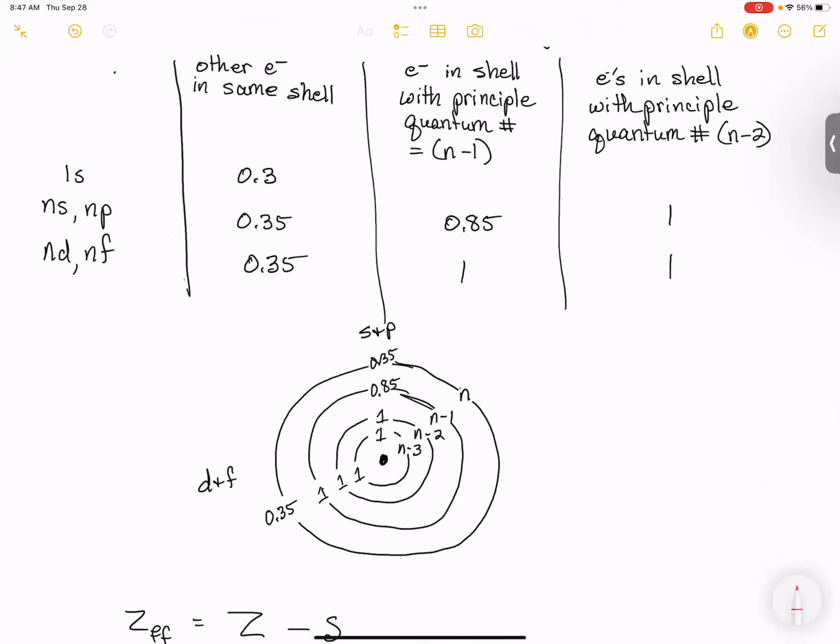Or another way to think of it is this. So this is the fourth shell out. Any electron in the fourth shell has a 0.35 impact.